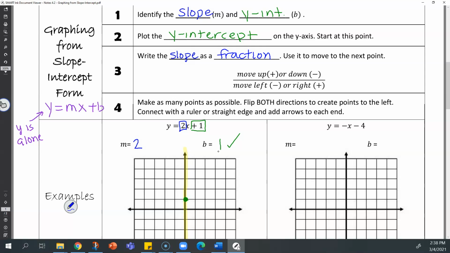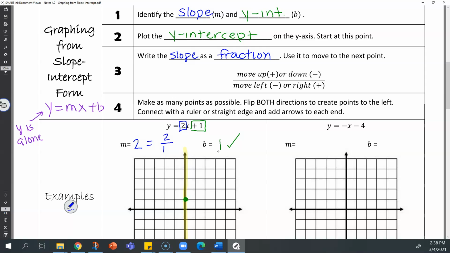When we are graphing this, slope actually has to be a fraction. My slope here is 2. That's a little unnerving to start with because it feels like 2 isn't a fraction. But remember that any whole number can be written as a fraction by putting 1 in the denominator.